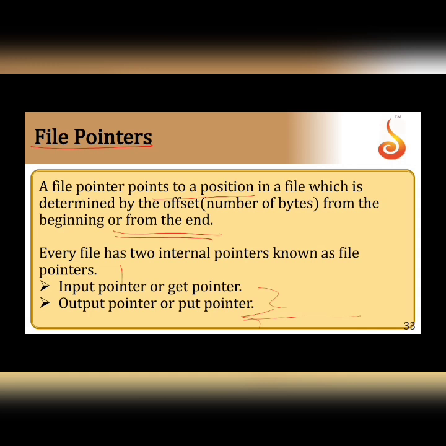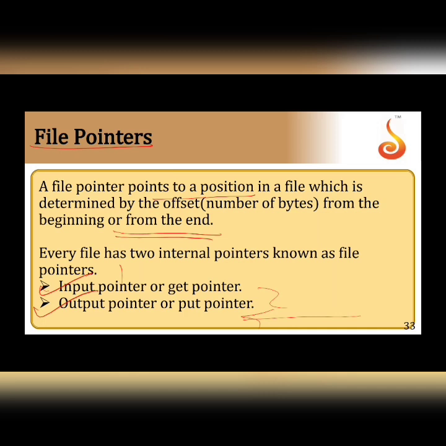So if you want to have different locations in a file for reading or writing data, then every open file has two internal pointers called the input pointer or get pointer and the output pointer or put pointer. That is, if I want to access a file in a random fashion, not in a sequential fashion, I will have two file pointers, the input pointer or get pointer and the output pointer or put pointer.